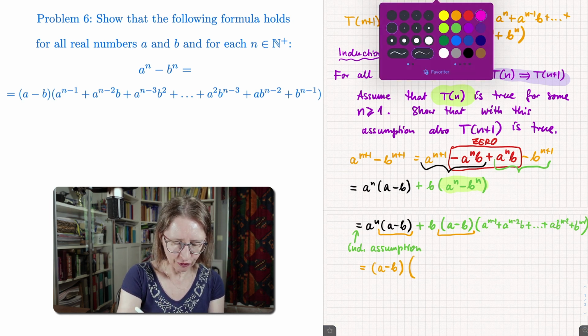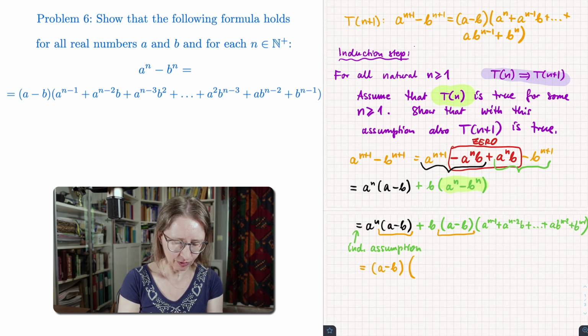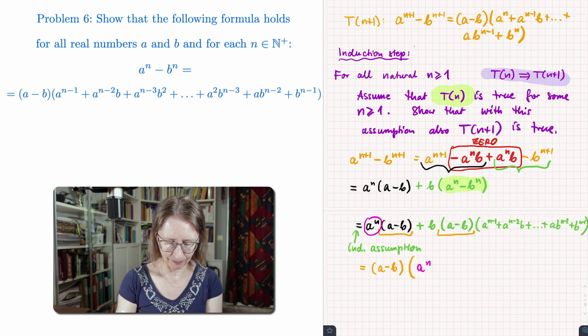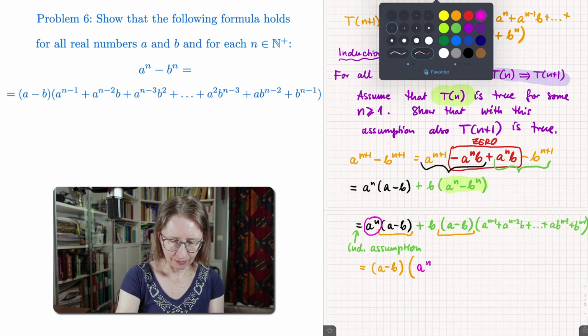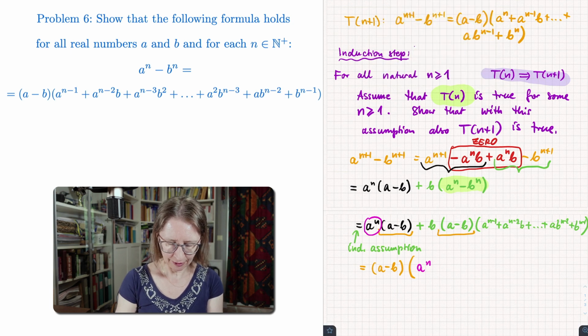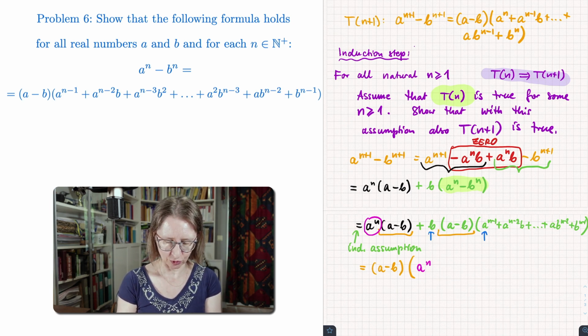From this first term, I will get a^n. And from this second one, I get b times a^(n-1). And this is exactly what I'm supposed to get here, you see? So this is a^(n-1) times b.